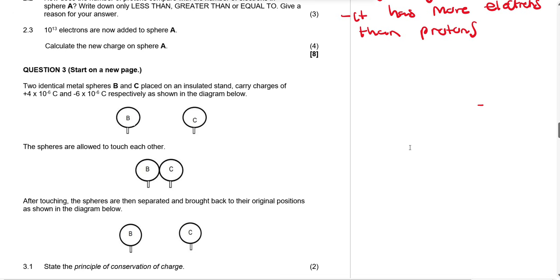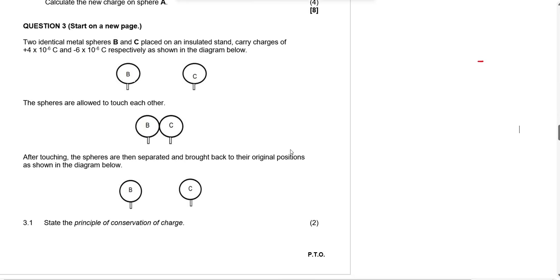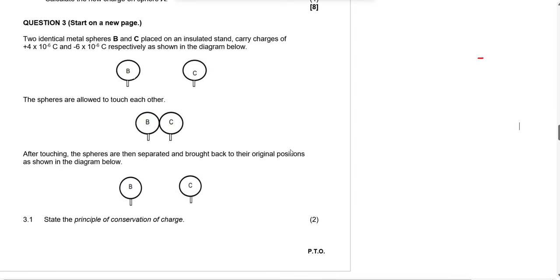Let's go to question 3. They say two identical metal spheres B and C, placed on isolated stands, carry charges of positive 4 multiplied by 10 to the power of minus 6 and minus 6 multiplied by 10 to the power of minus 6 respectively, as shown.